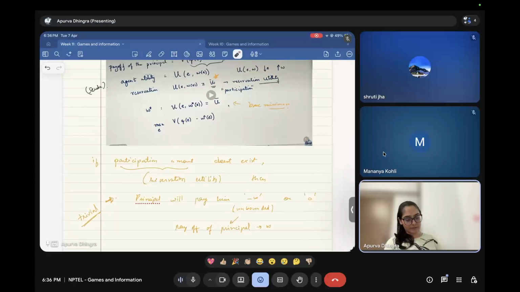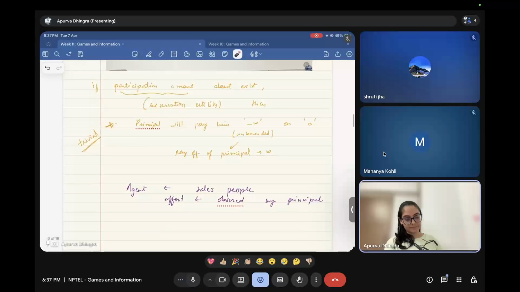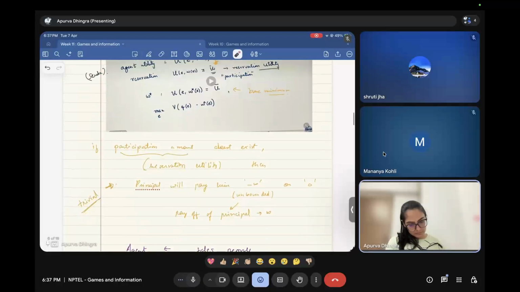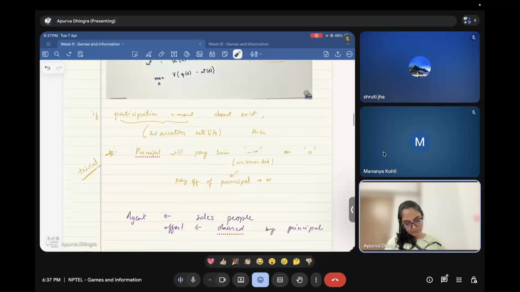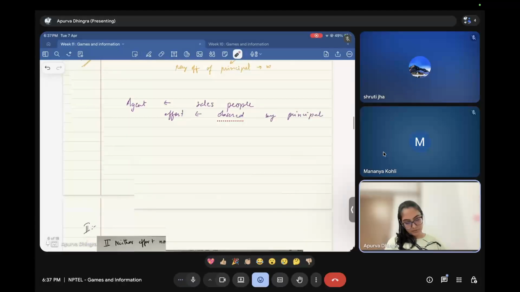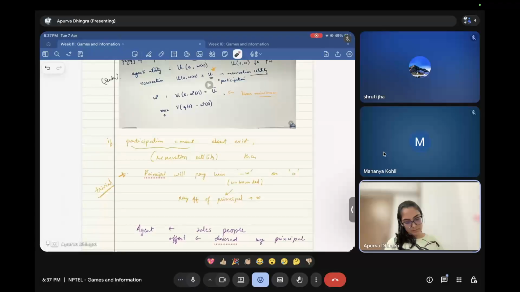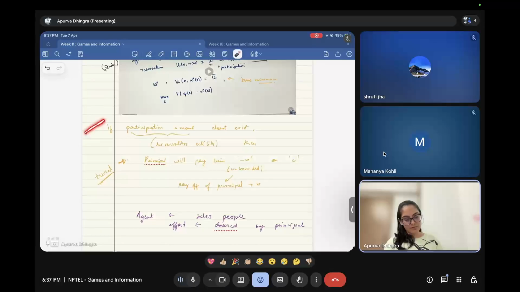Now let's take the other trivial case. Okay, I think this other case that I am referring to is if the principal does not have access to his efforts.